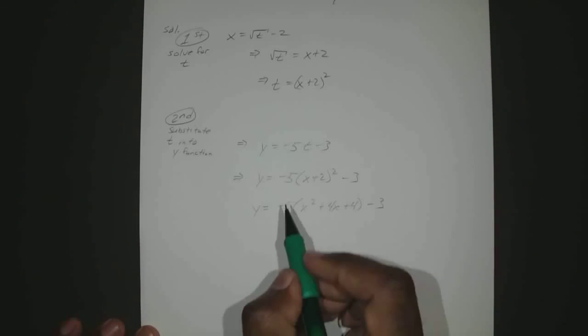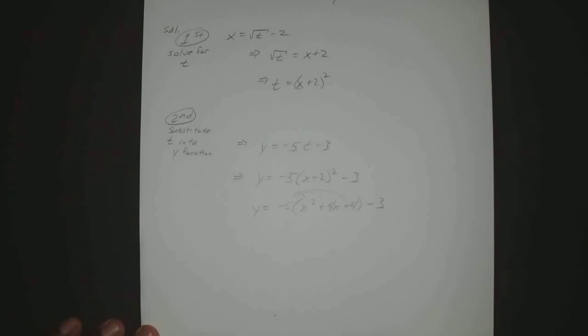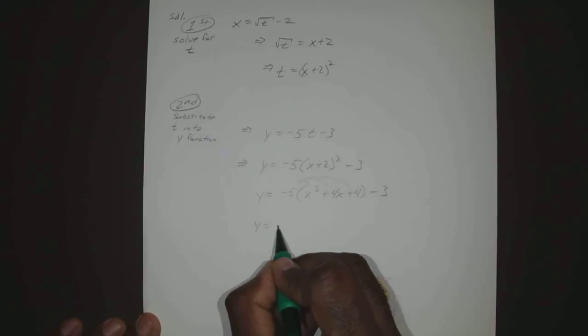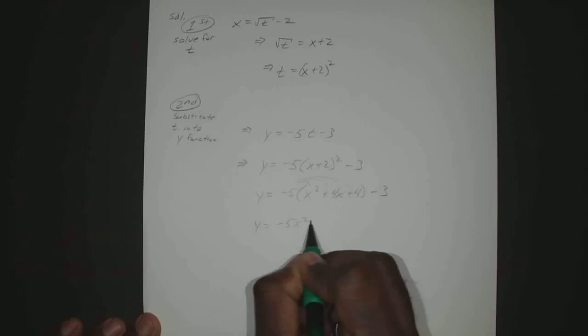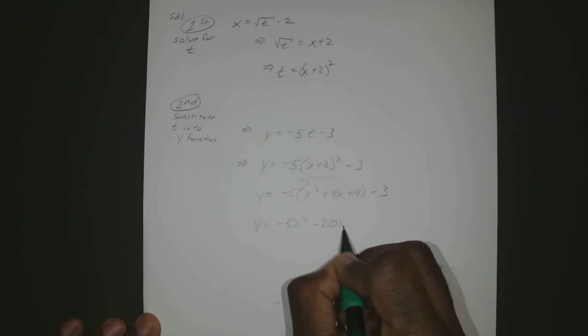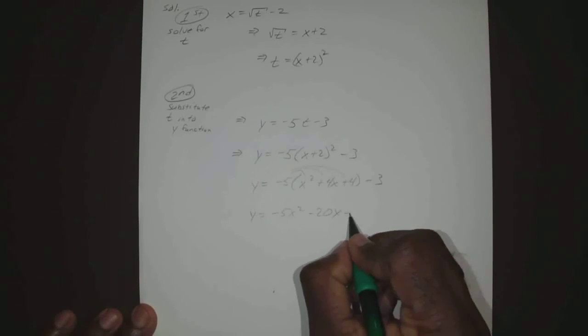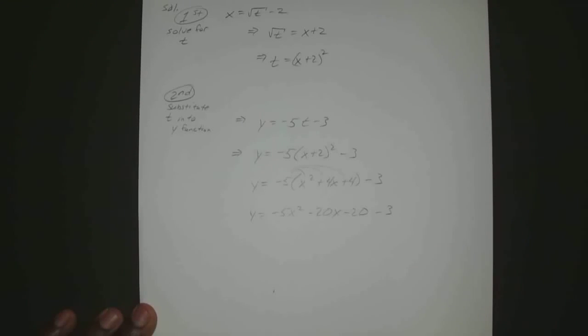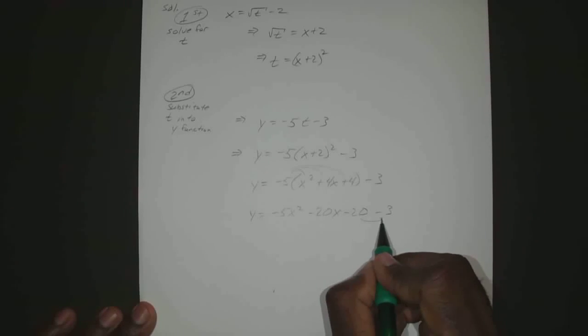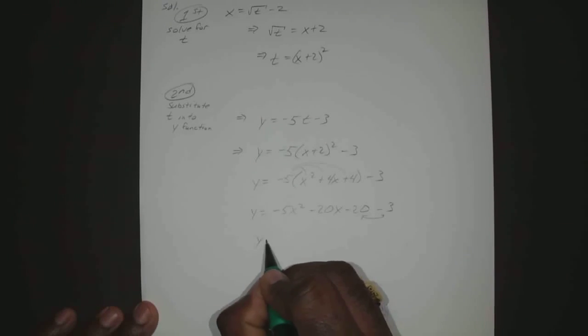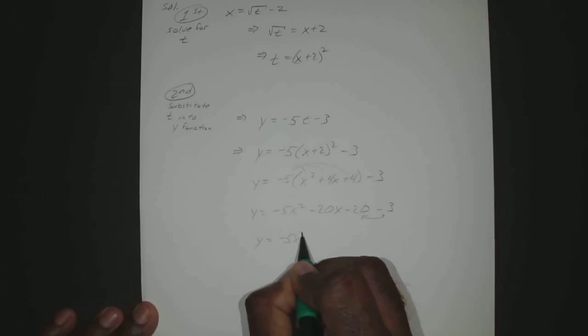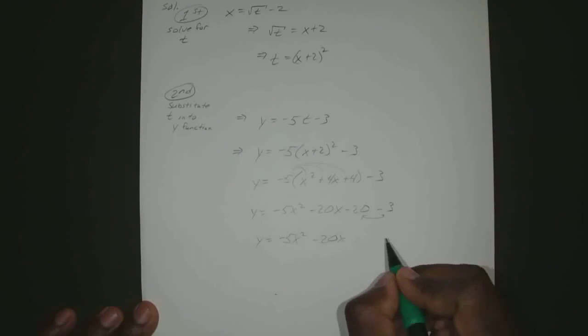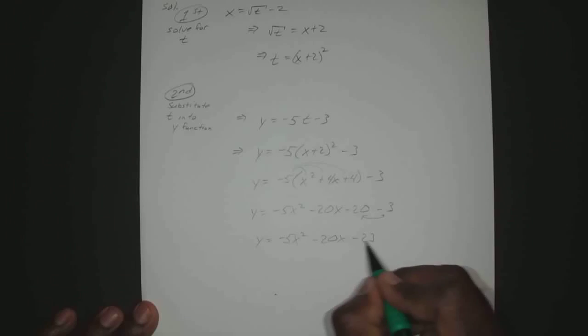We go ahead and distribute our negative 5. So y equals negative 5x squared minus 20x minus 20 minus 3. The only thing left to do now is combine our like terms. y is equal to negative 5x squared minus 20x minus 23.